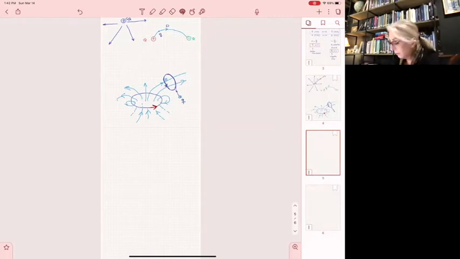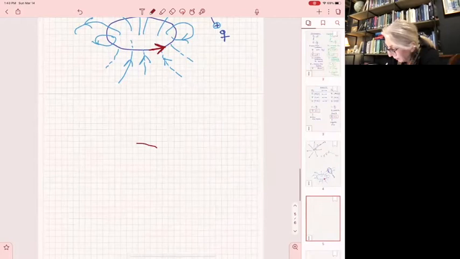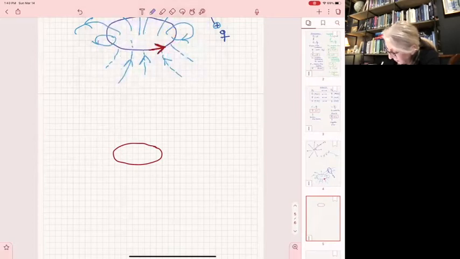For example, if you have a loop like this, a thick loop, then the magnetic field lines around it will start perpendicular to the surface, like this, and then they will turn around so they can close.